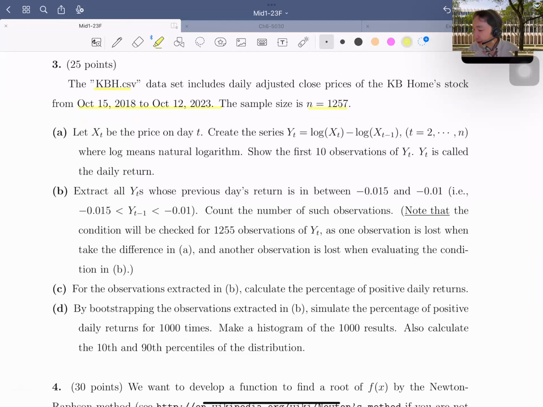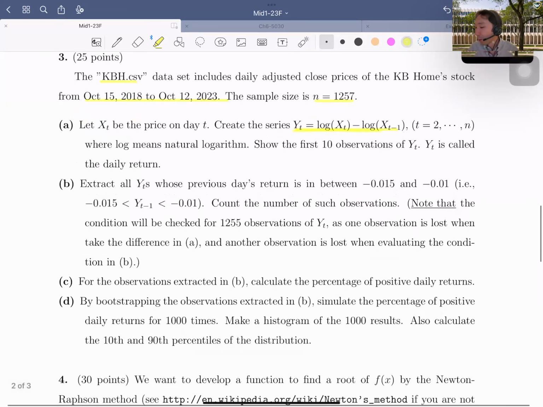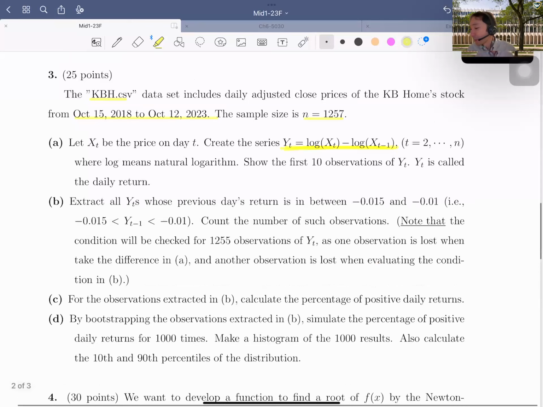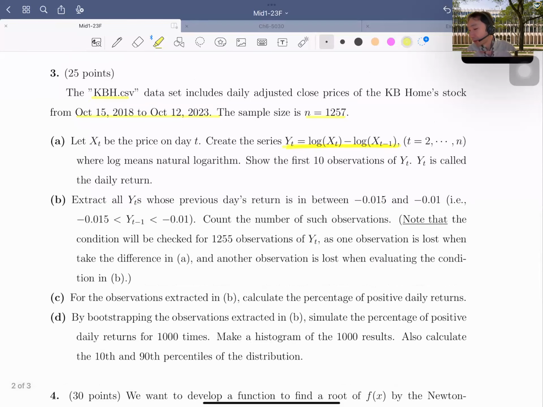So stock return is defined by this. It is almost similar to the change in ratio, like 0.01 or negative 0.01, but in a more mathematically beautiful way. So not just percent change, but we define log of xt minus log of xt minus 1 as basically the stock return.